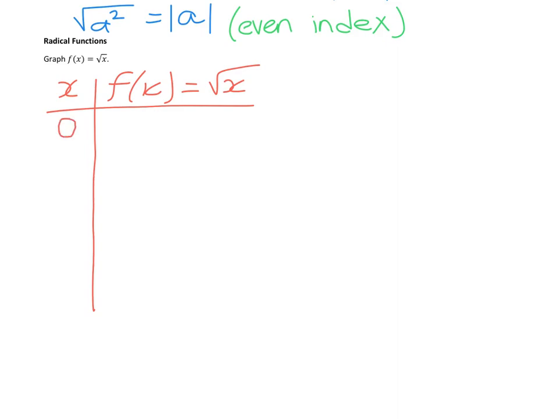No. So we can't put in negative numbers. So we are going to have to start at 0. And then let's plug in just perfect squares. So 1, 4, 9, 16, for instance. Okay. So notice our x values are growing quickly, and then our y values are growing slowly. So let's see what this is going to look like.